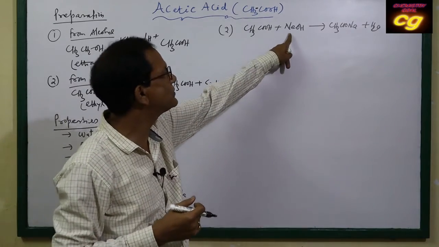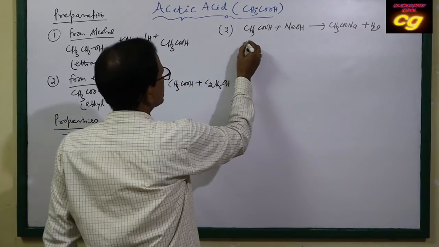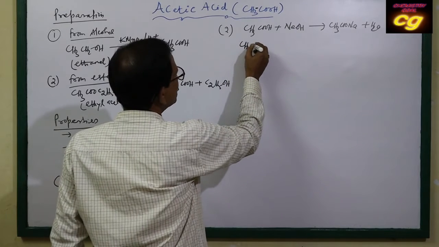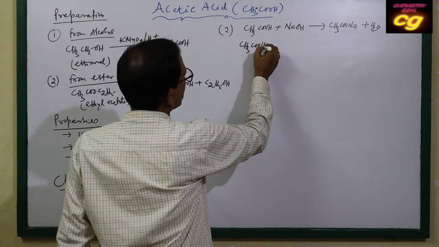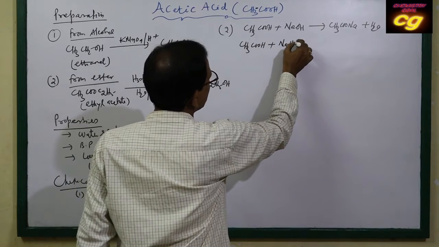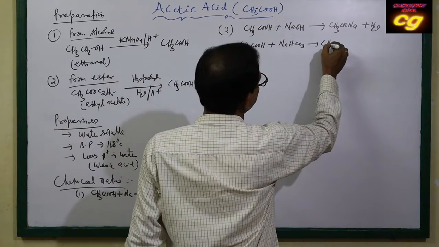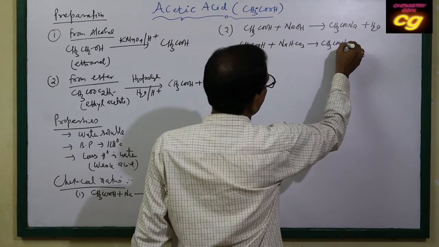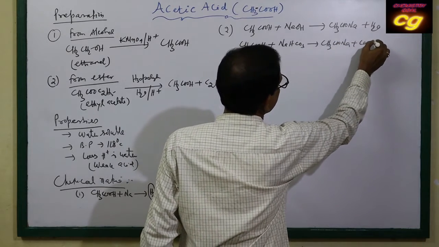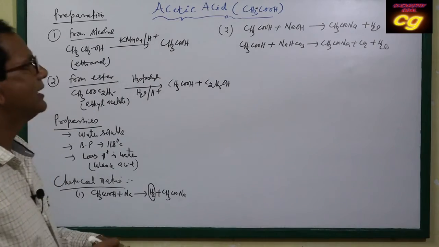Acid reacts with base forming salt and water, and some basic salts also react with acid. Sodium bicarbonate forms salt, carbon dioxide gas and water. This is a very important reaction of acetic acid.